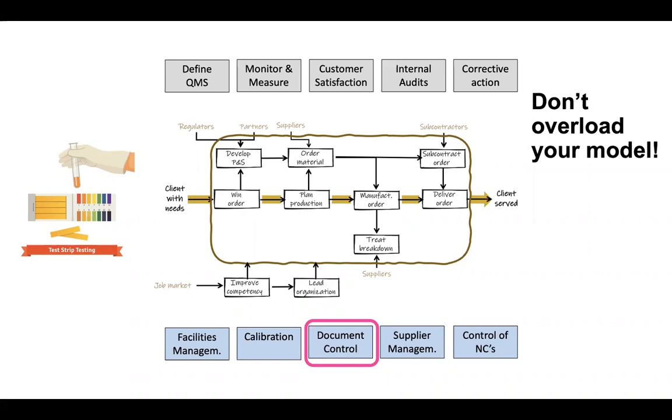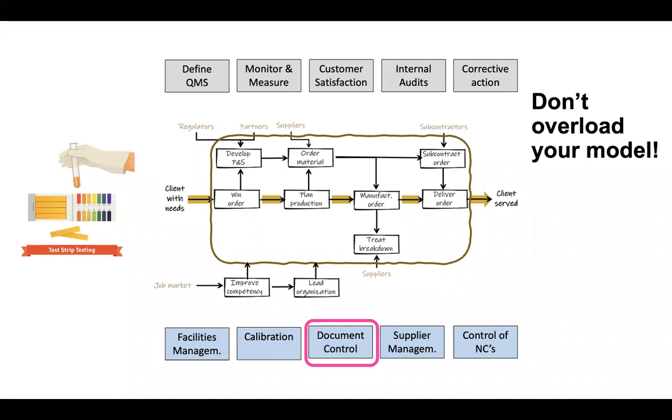Based on this, I don't consider internal audit as a process, for example, nor corrective actions, monitor and measure, define QMS, calibration, supplier management. Supplier management can be an indicator in itself about the order material process.